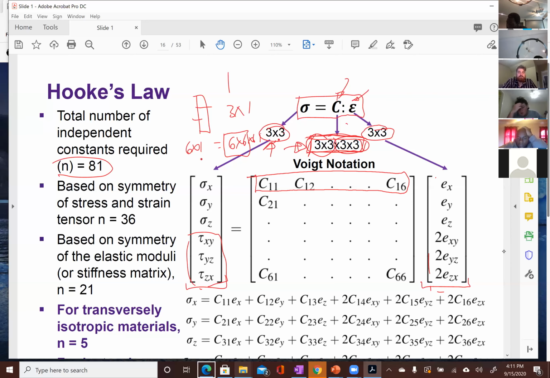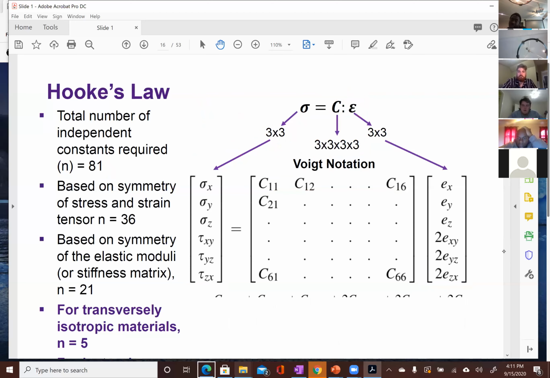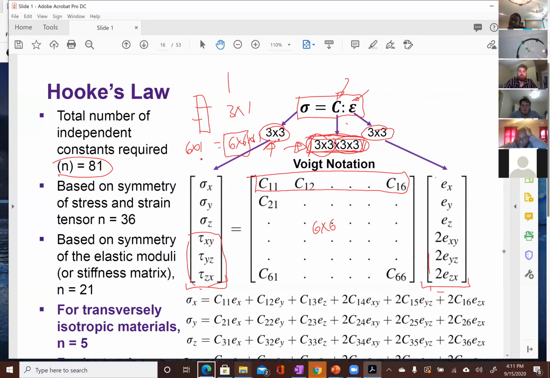So the dimension of your elastic stiffness matrix has reduced now to what? 6 by 6. How many elements are in a 6 by 6 matrix? 6 times 6, right? Which is 36.